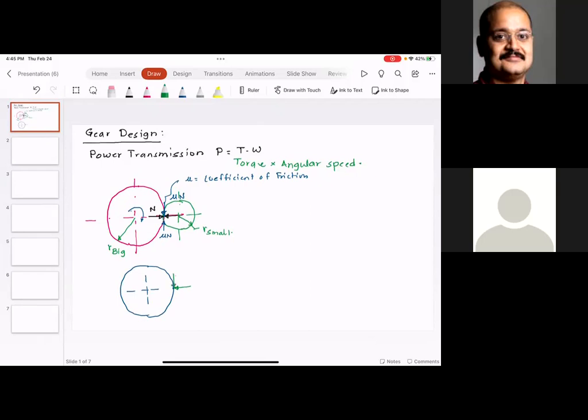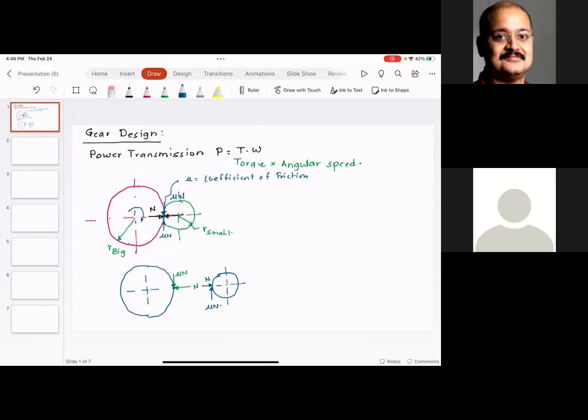So I have mu times N, and this is N. If I look at the small friction wheel, same thing, I would have N and I would have mu times N. So please note, these are virtual forces, which means after separating out these two elements that are in contact, I see the forces at the interface. But when I combine these two, these forces cancel each other because they are an action and reaction force pair.